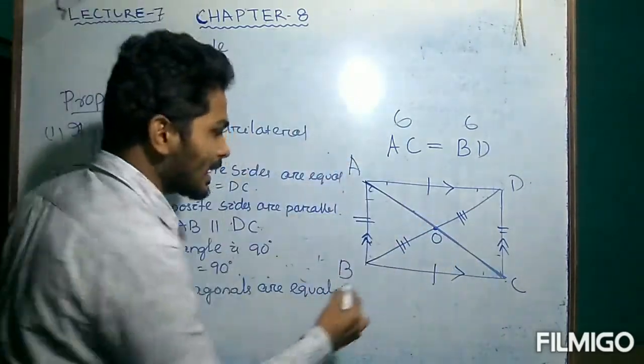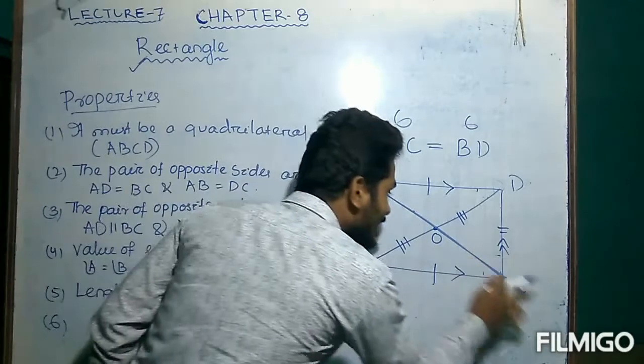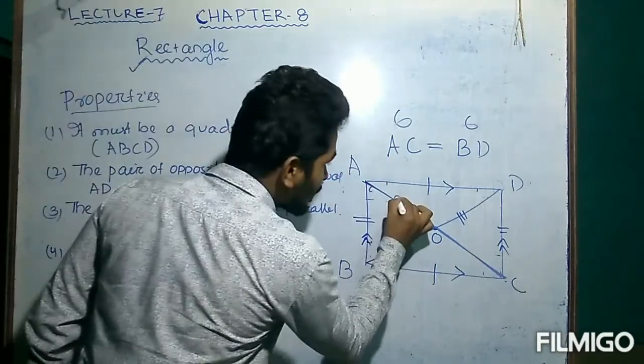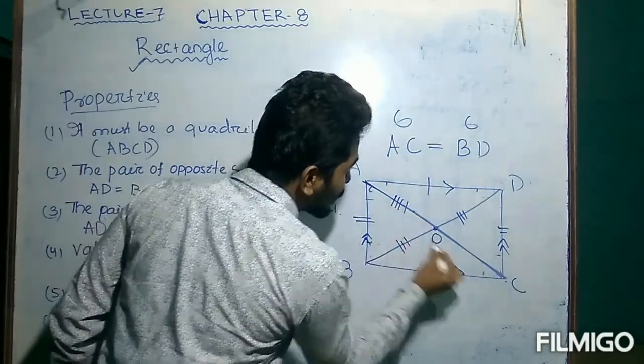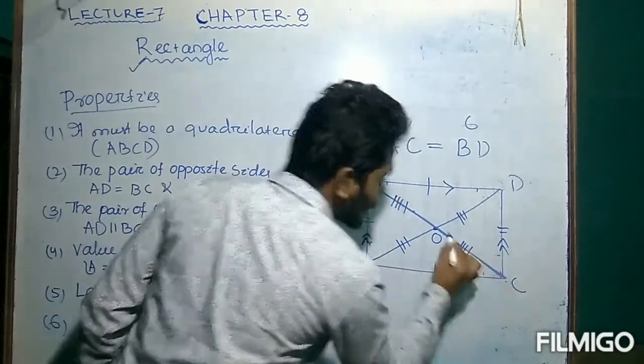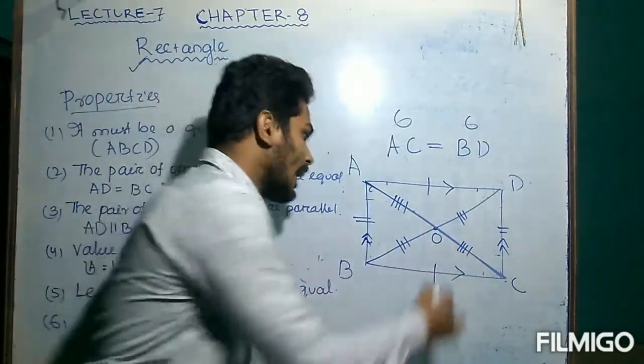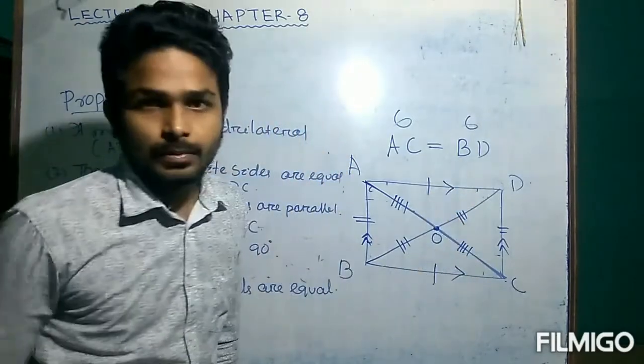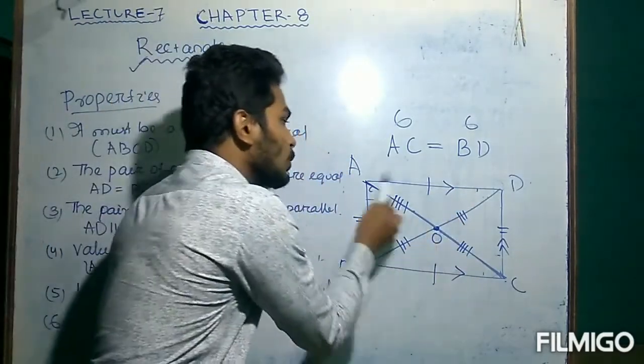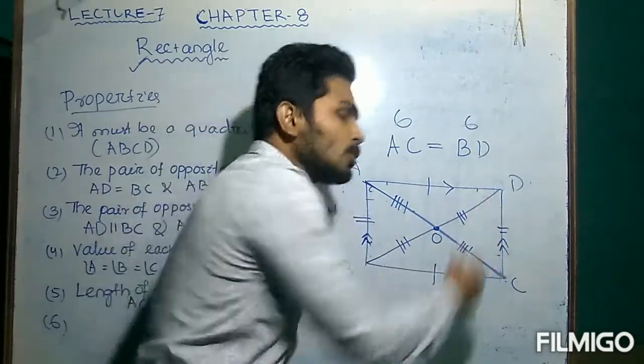Similarly, the BD line also bisects AC. It means this distance AO is equal to this distance CO. So both the diagonals bisect each other at the point of intersection. Okay. OC is equal to OA and OB is equal to OD.